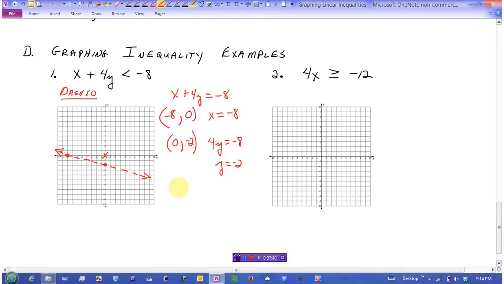If I have the equation x plus 4y is less than a negative 8, and I plug 0 in, I get 0 plus 4 times 0 is less than a negative 8. Is that true? 0 is less than a negative 8. Of course that's not. So the point 0, 0 is not a solution. That means the other side of the line would have to be shaded.